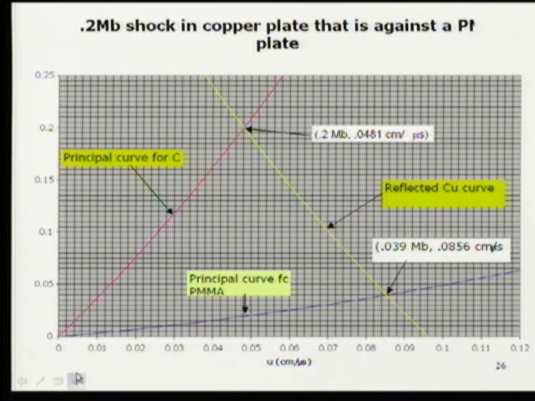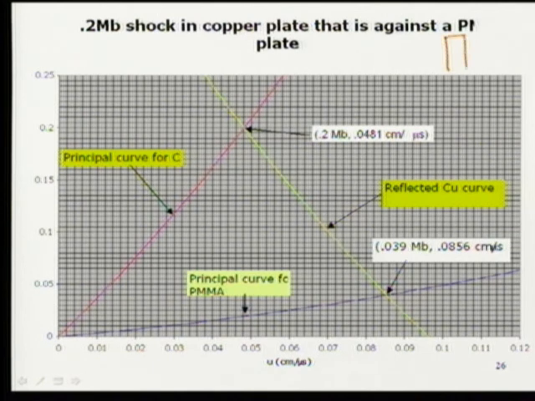Here's just a case where I'm showing you again that you have PMMA on the right, and you have the principal copper Hugoniot curve. In this case, the copper curve is on the left.